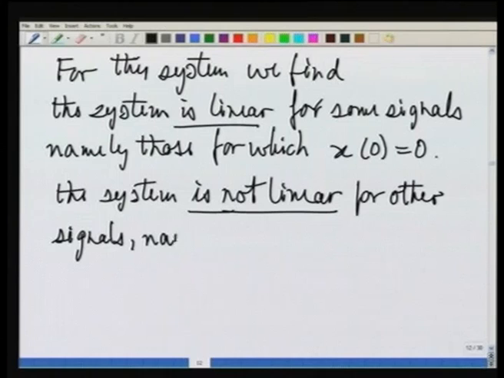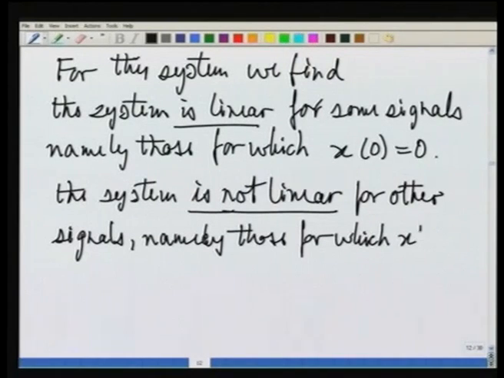Namely, those for which x(0) is non-zero. So, now what happens? How do we declare the system? Do we declare it to be linear or not linear?